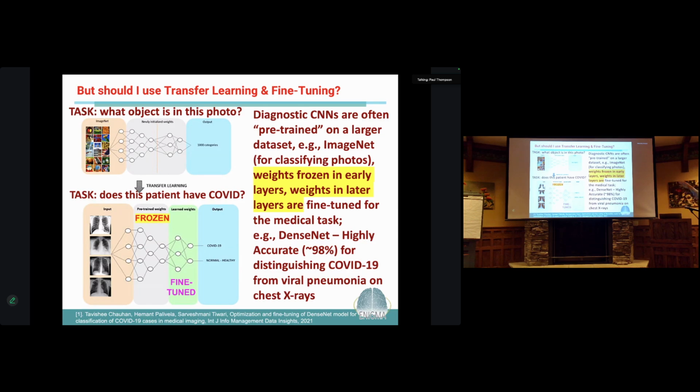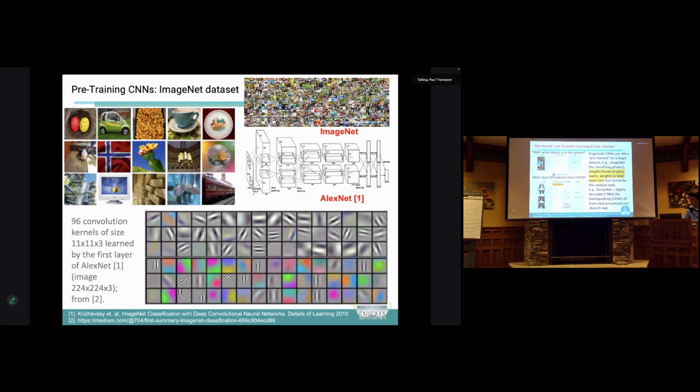And then the weights are frozen in the early layers, because presumably you have low-level features that are always useful. And then the weights in the later layers are fine-tuned on the medical test. So this instrument is really good. Actually, this one distinguishes COVID from viral pneumonia. They took an ImageNet trained classifier from the internet, and they only tuned the last layers. And so that's kind of a standard thing to do.